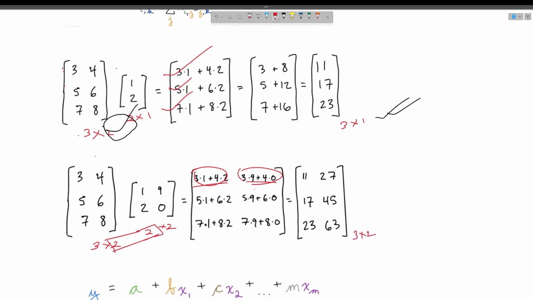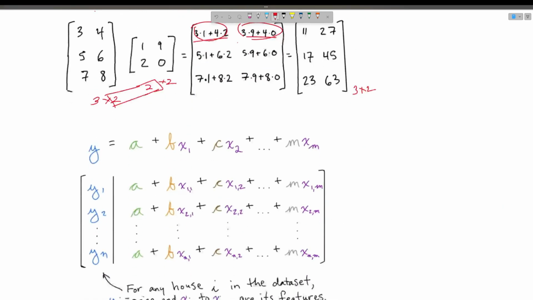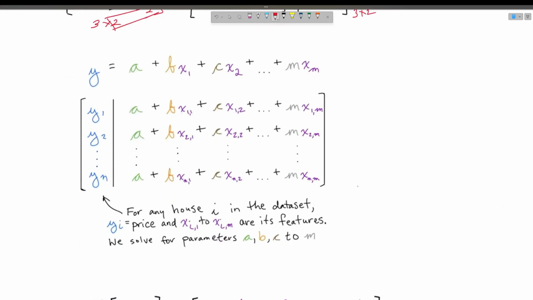Great. Now let's talk about something which I believe you have seen earlier as well. This was part of some sort of house price guessing algorithm, or whatever you can call it.